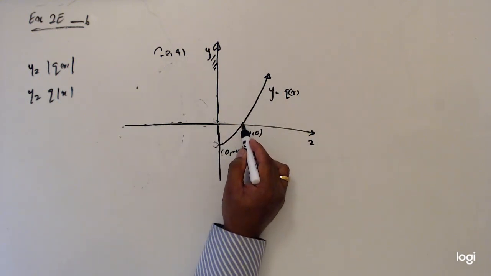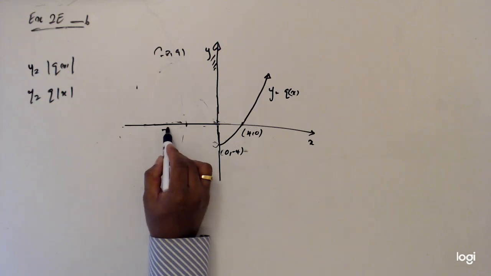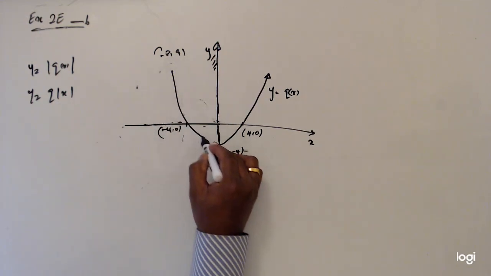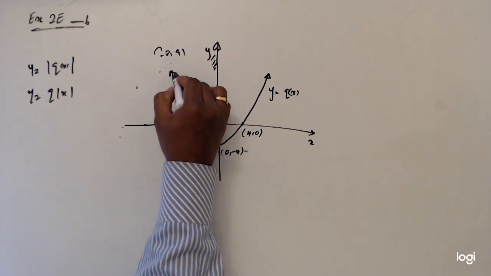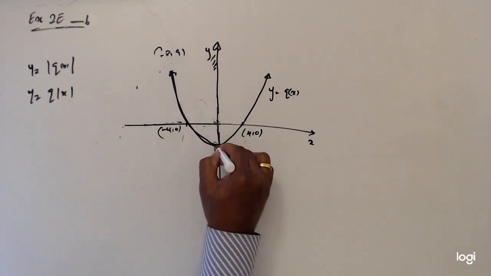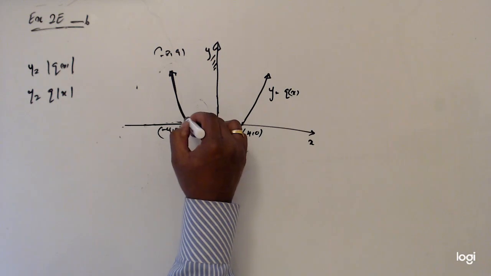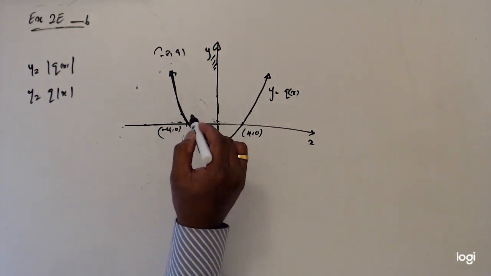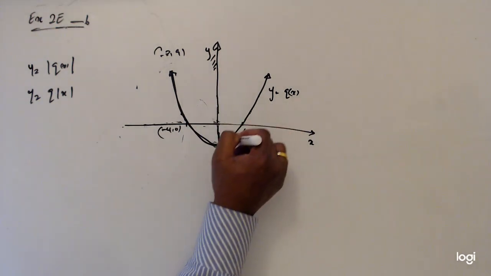So this is 4, then the graphs go minus 4, 0 with the symmetricity. So this is the mirror reflection of this one. This is the mirror reflection of this part.